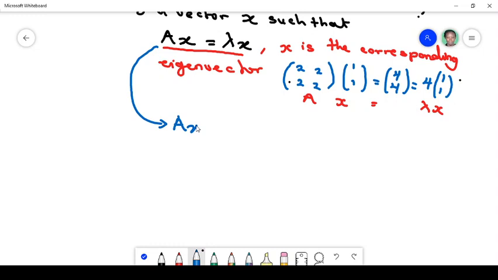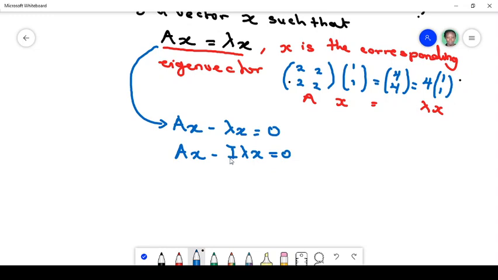From here, I could express this as Ax minus lambda x, which is equal to 0. Then I can rewrite this as Ax minus I lambda x equal to 0. What is our I here? I here is our identity matrix.